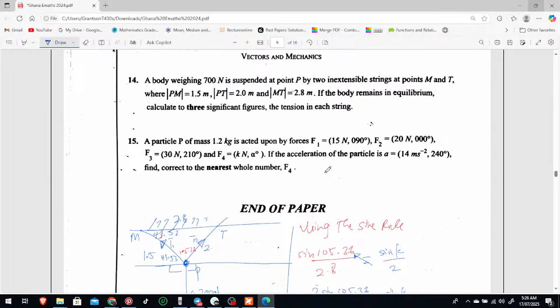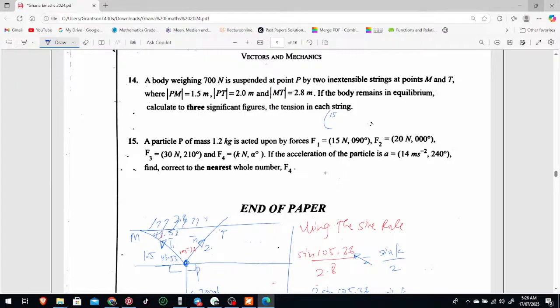So let's look at the second one. Second one, you change them to sine, cosine. So this one becomes 15 sine 90. Sine 90 is what? 1.